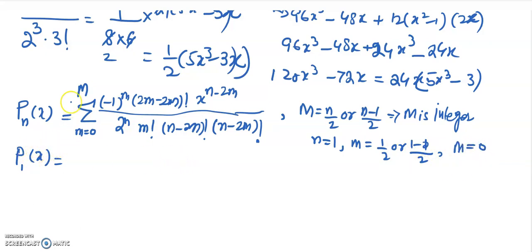So in this case we have a summation from 0 to 0, that means we have to sum only one time. That will be minus 1 power 0, starting from m equal to 0, and then (2n minus 2m) factorial. Sorry, it is 2n minus 2m factorial.